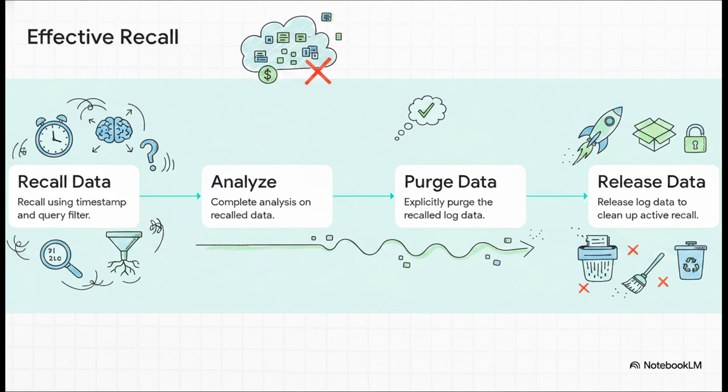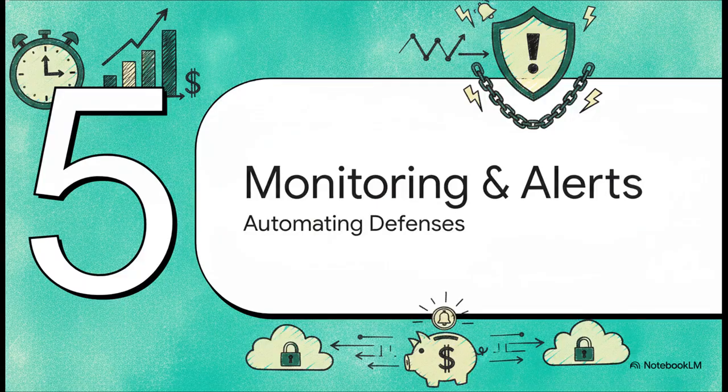First, recall the data tightly using your timestamps and query filters. Second, do your root cause analysis. Third, and this is absolutely crucial, explicitly purge the recalled log data when you're done. And finally, release the log data to completely clean up that active recall. If you skip steps 3 and 4, you are going to be paying standard active storage rates for old, already analyzed data. No thanks.